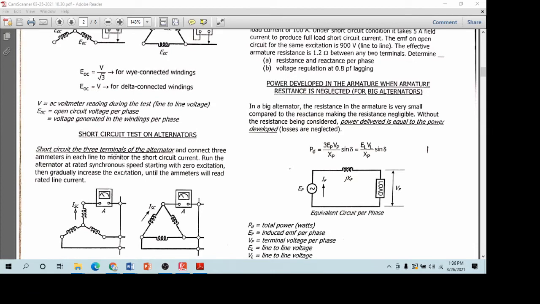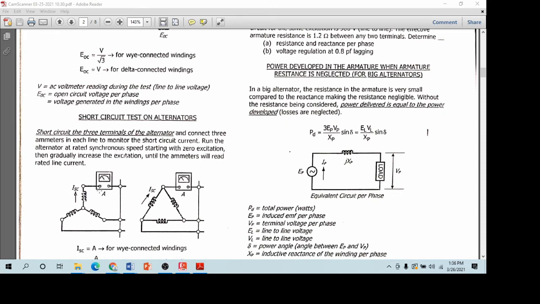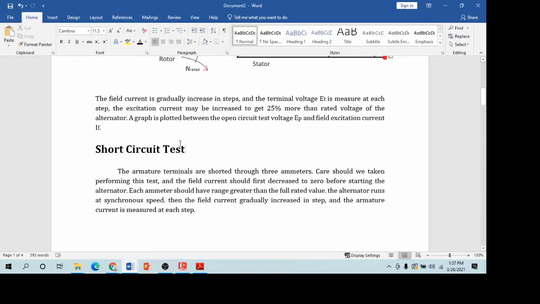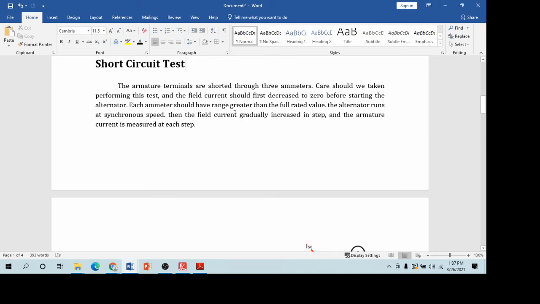Okay, so let's proceed to the short circuit test on the alternator. The short circuit test is performed when the armature terminals are shorted through three ammeters. As a reminder, care should be taken in performing this test, and the field current should first be decreased to zero before starting the alternator.